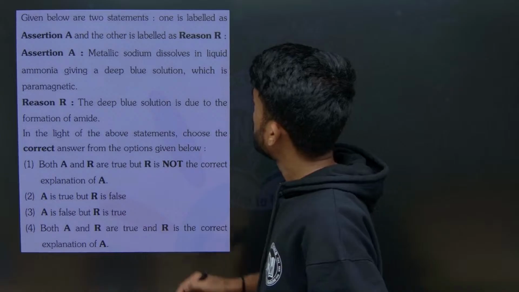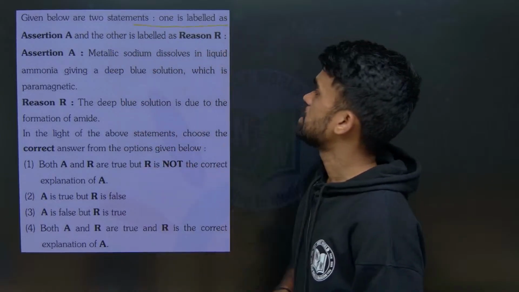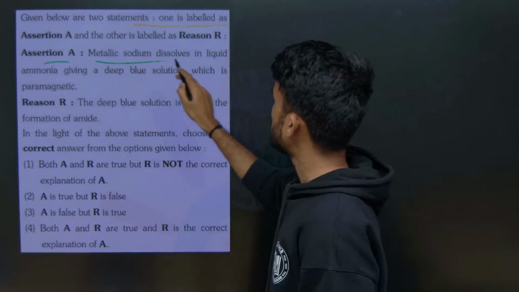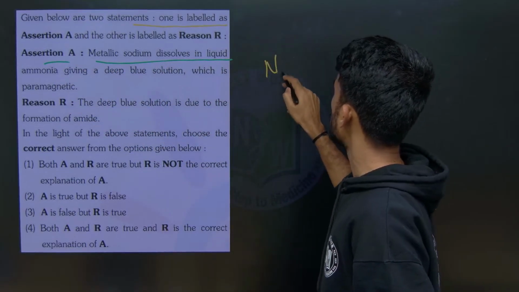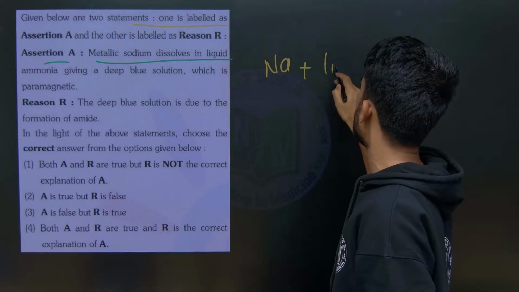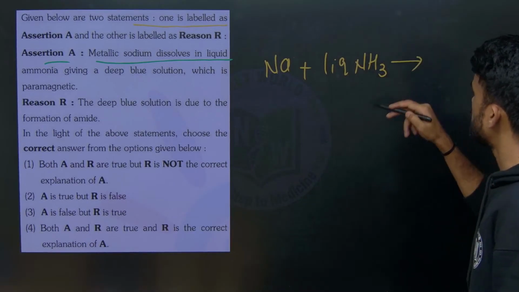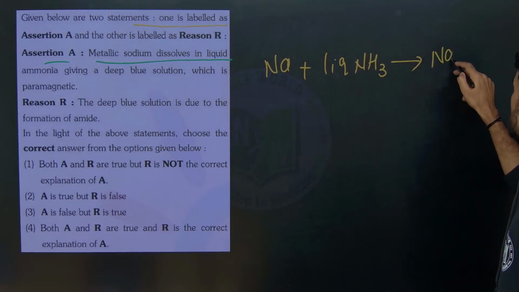Next, given below are two statements, one is assertion, the other is reason. The assertion is about metallic sodium. When metallic sodium is dissolved in liquid ammonia, it forms NaNH2.